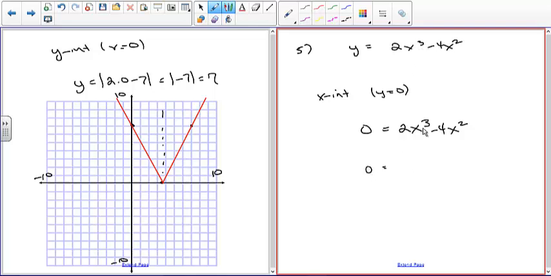If you have a common factor, you can factor it out, and you can see that I can factor out 2x squared. 2x cubed divided by 2x squared is x, and negative 4x squared divided by 2x squared is minus 2. So what we have is that y equals 0 when x equals 0 and when x equals 2. So this part gives you the x equals 0 part, and this one gives you the x minus 2 equals 0. So there's two x-intercepts.